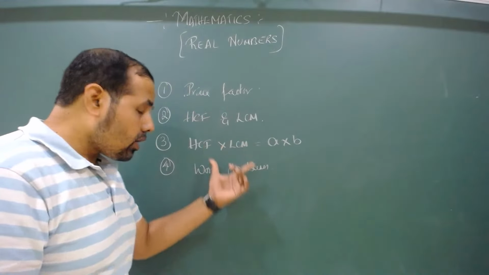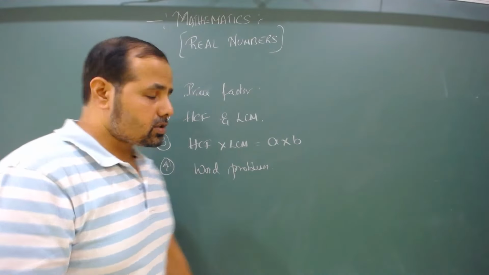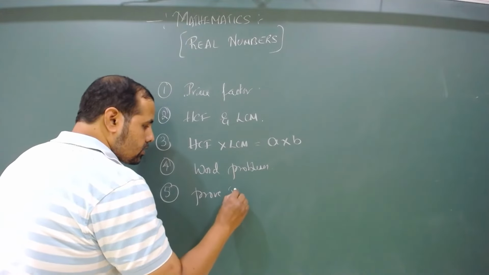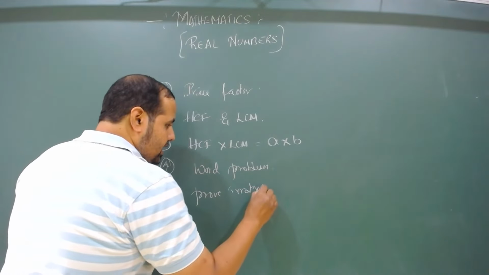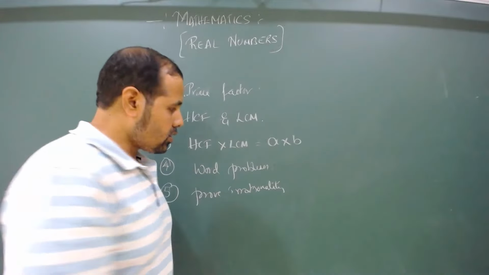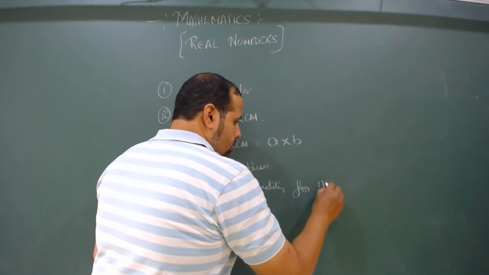Once we're done with all these things, the last and final concept is we're going to prove irrationality of numbers.